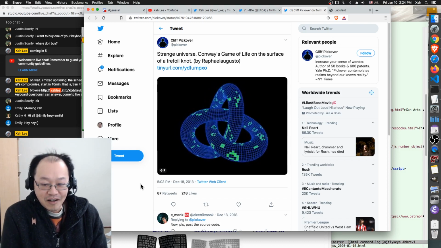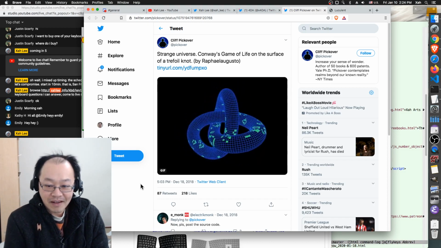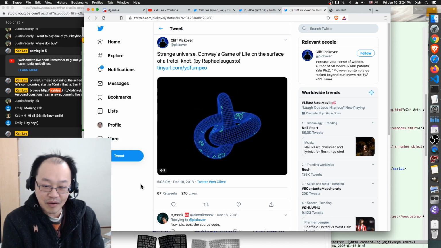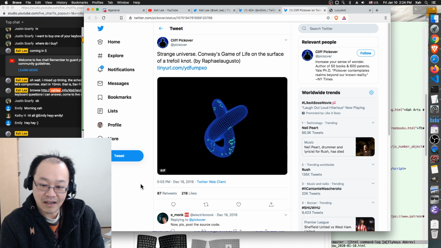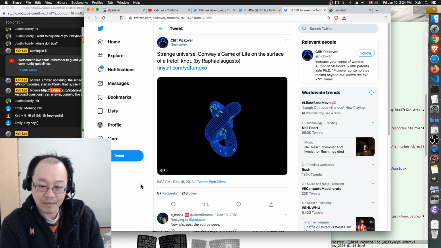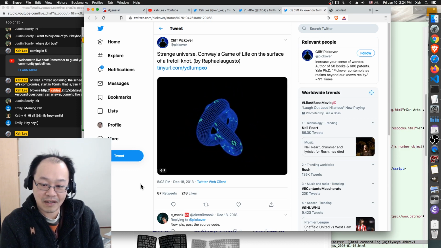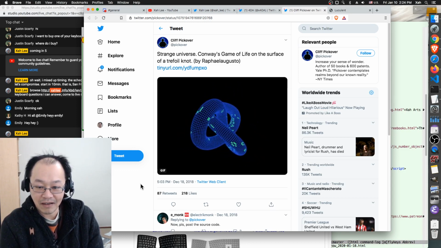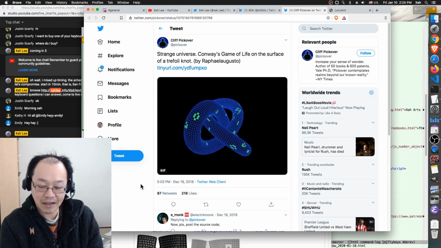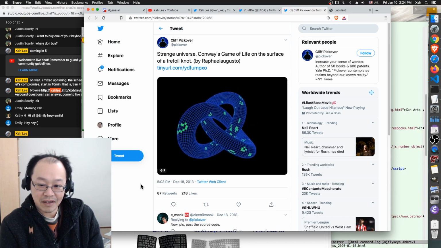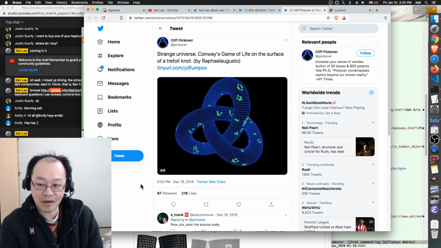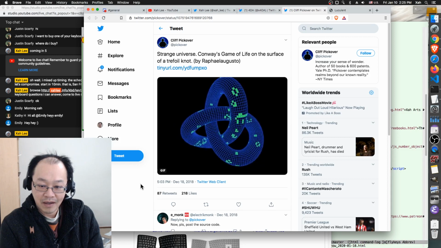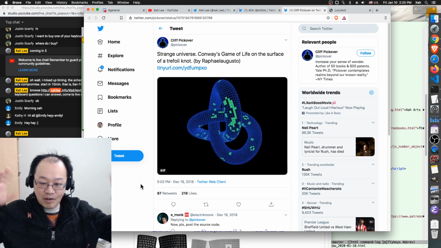This is Conway's game of life on a torus, actually on a knot. One of the interesting things with this game of life on a trefoil knot is that I wonder whether it's topologically equivalent to a torus or not, because you have to think about the twisting issue.